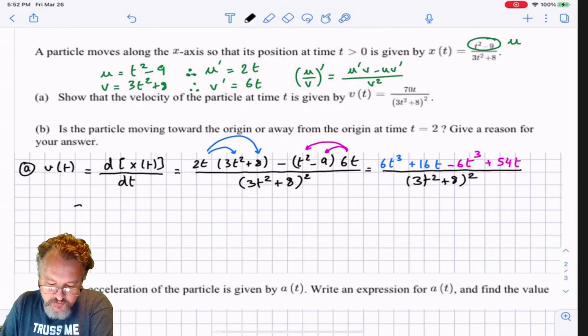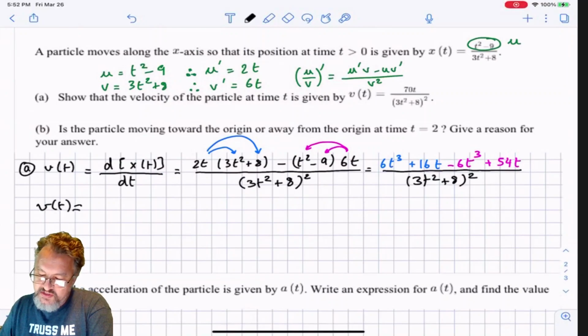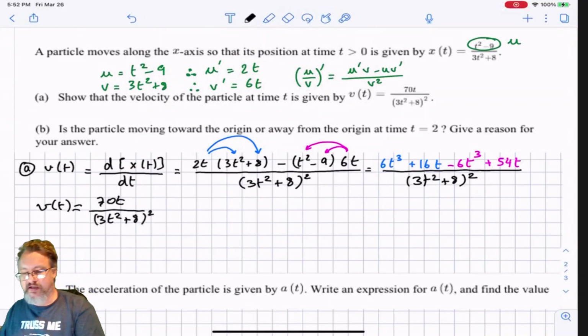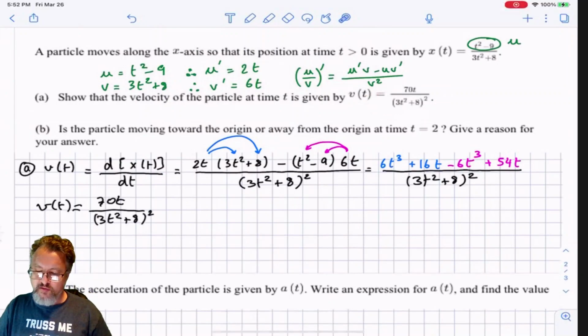So let's go a little bit further. v of t equals: the 6t cubed and negative 6t cubed cancel. 16t plus 54t is 70t over the 3t squared plus 8 squared, which is exactly what I wanted to do.